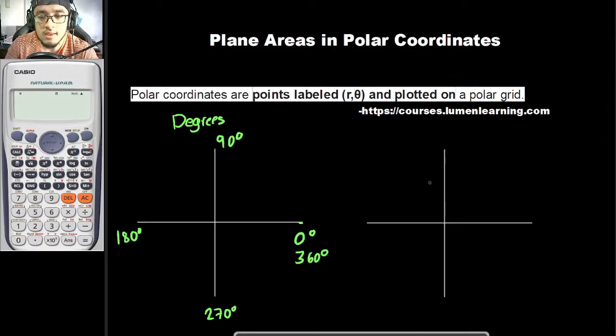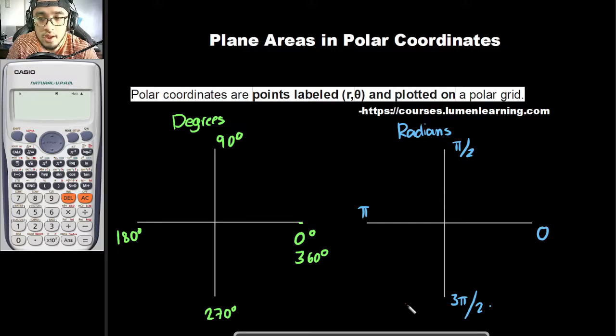Let's say that this polar grid is in terms of radians. So this is once again radians. From that, this is your 0 radian mark. This is your pi over 2 radian mark. This is your pi. This is your 3 pi over 2.